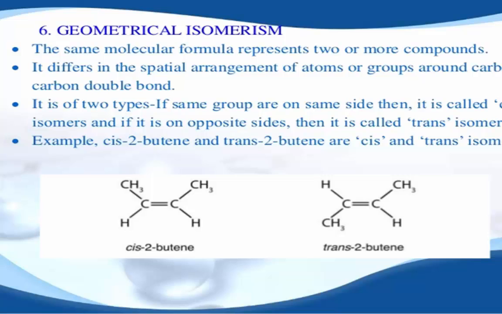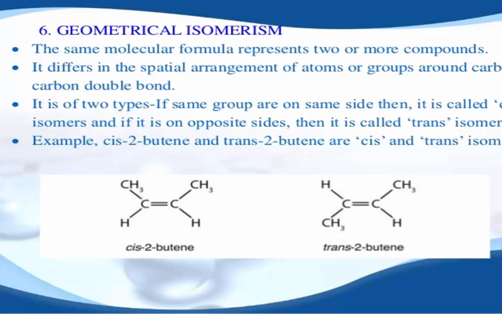Now, the point related to geometrical isomerism. What is geometrical isomerism? The compounds having same molecular formula and same structural formula, but change in the arrangement of atoms around the double bond. We know, students, in presence of stereoisomerism, there is a spatial arrangement of atoms.